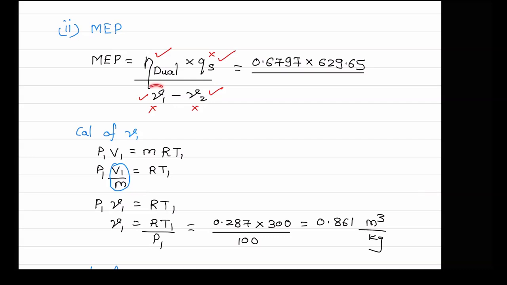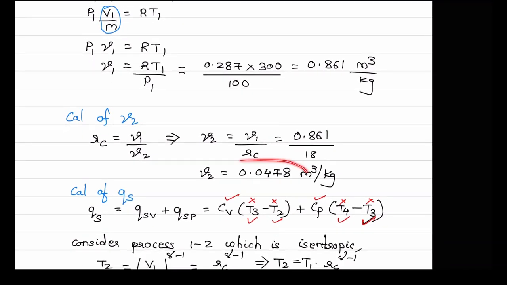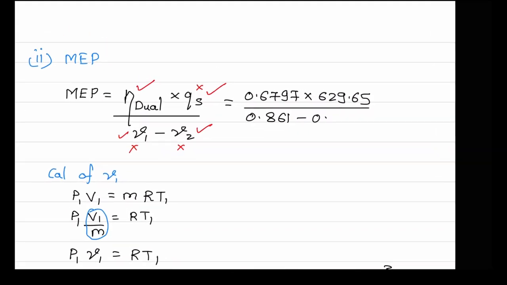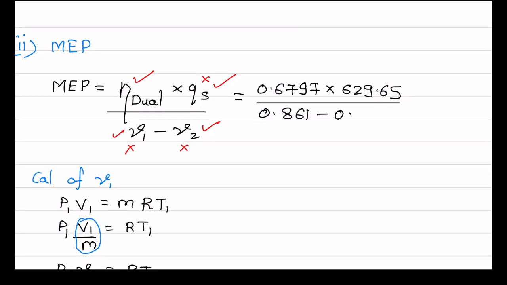small v1, which we have found over here, 0.861, minus small v2, the specific volume, which we have found here, 0.0478 meter cube per kg. So from here I can find the mean effective pressure.